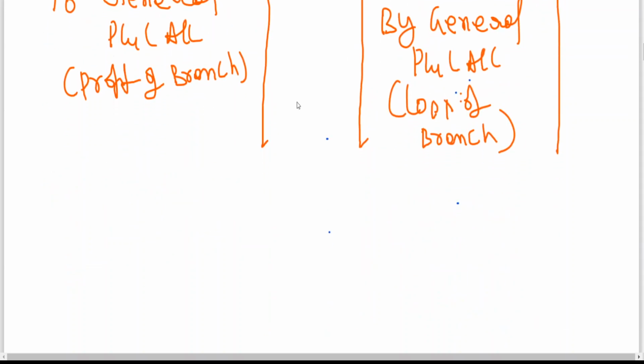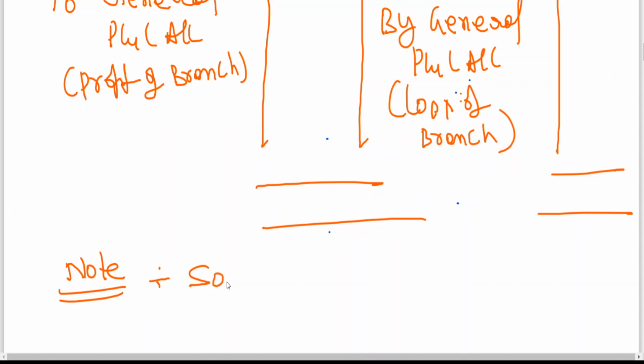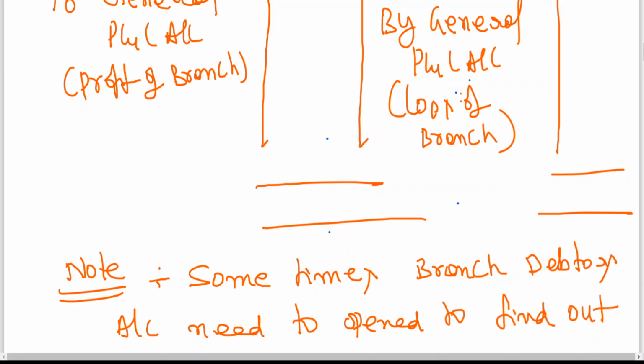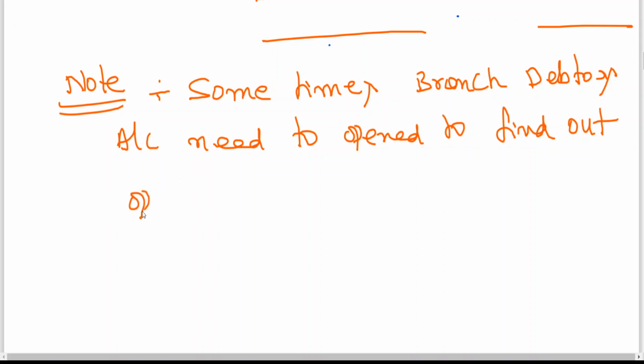Now sometimes, note, branch debtors account needs to be opened to find out opening balance or closing balance.